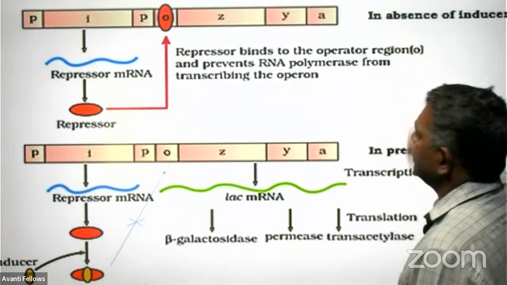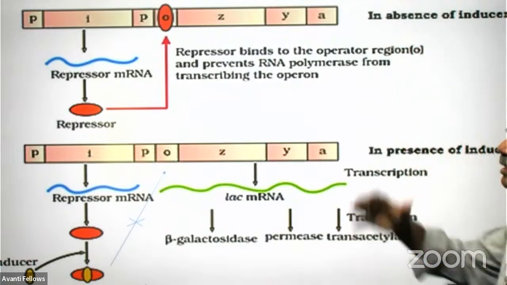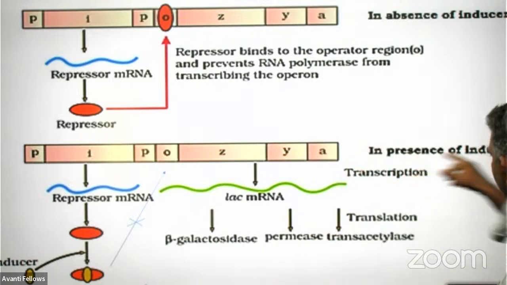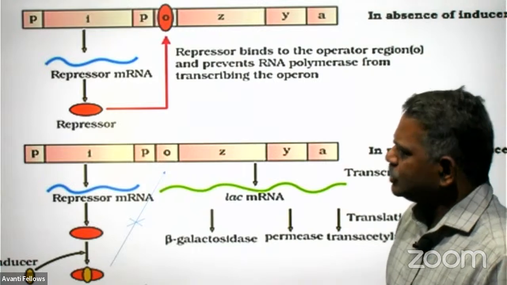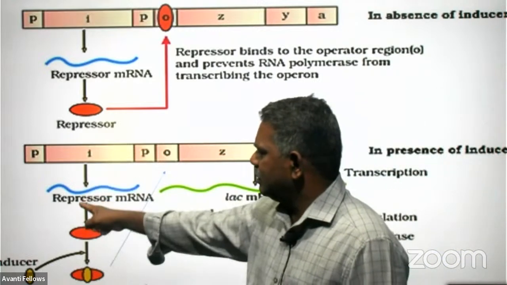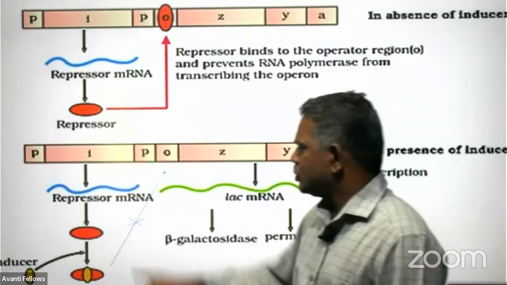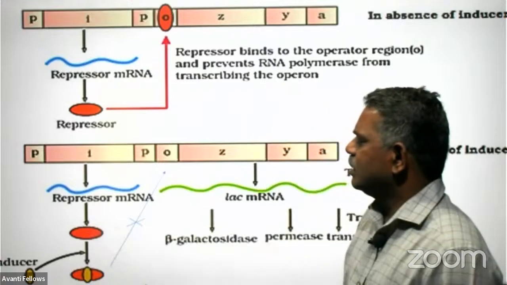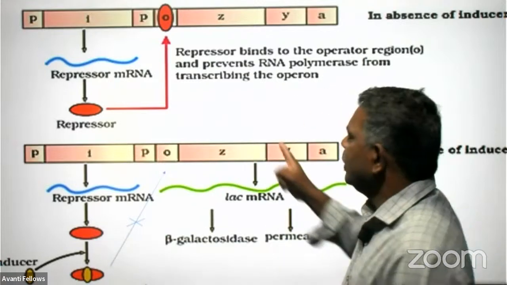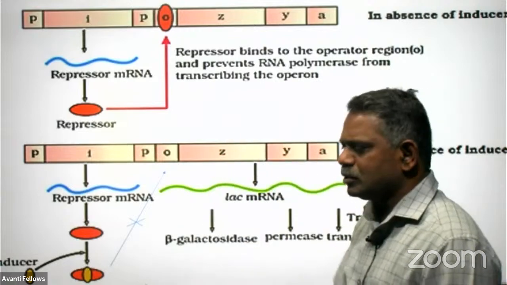In the absence of inducer, that is what happens. What will happen if you put the E. coli in the lactose medium, in the presence of inducer? Here, the inducer is lactose. So, as usual, the I gene produces a repressor mRNA, and this repressor mRNA produces a repressor protein. But now the E. coli is in the inducer medium, the lactose medium.